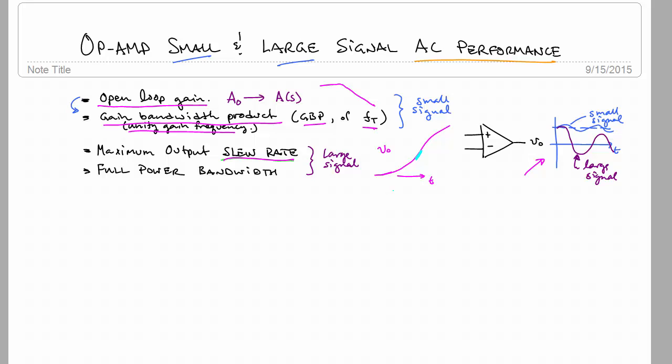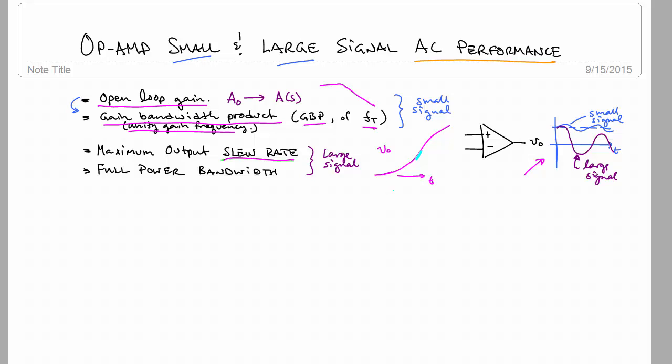So when you ask the op amp to put out a signal where the slew rate at any point in that signal is going to be greater than the maximum output slew rate, you will find that the output doesn't keep up with what is requested, and there will be distortion in the signal.